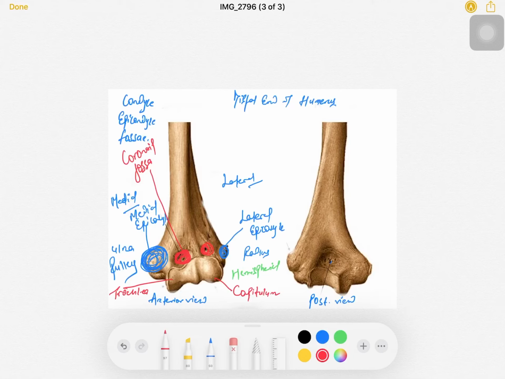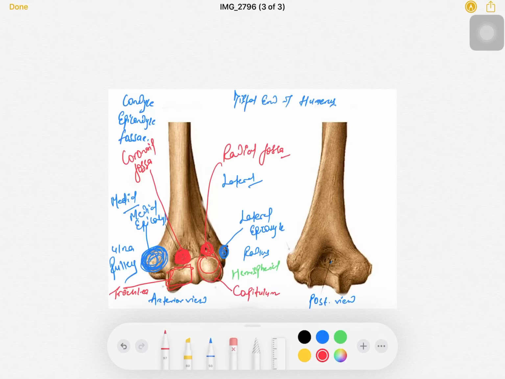This one is your radial fossa. In this picture, the coronoid fossa is superior to the trochlea, and your radial fossa is superior to your capitulum, right?